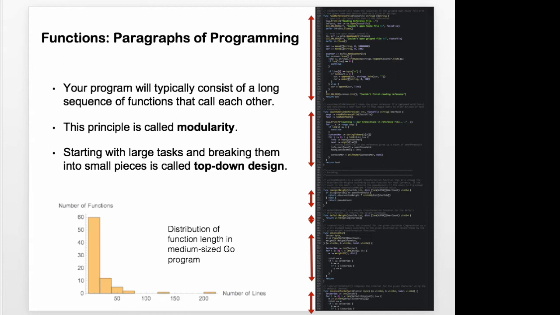Okay? So if you look at a typical program in Go that's well written, you'll actually see many short functions that constantly call each other. And this makes the program really easy to read because the functions are very straightforward and it's clear what each function does individually, and they try to break the large program into a lot of small pieces.